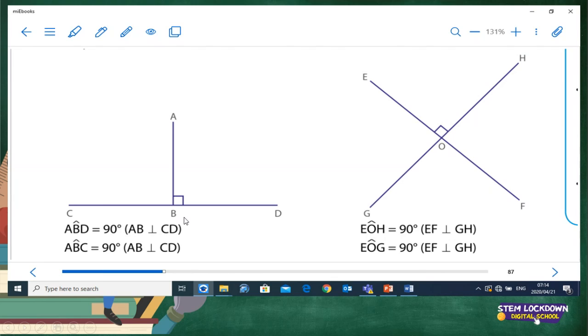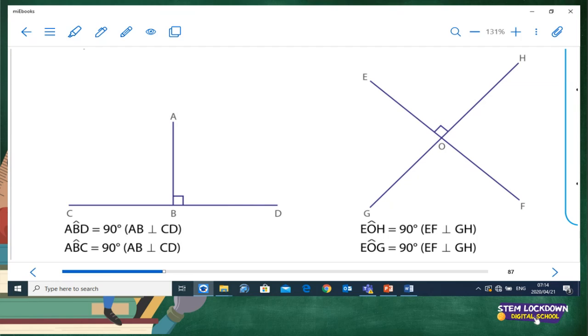In the same note, angle ABC, which is the angle just adjacent to ABD, is also 90 degrees, because AB, as I've said, is perpendicular to CD. That is what we have at this point. ABC is equal to 90 degrees because AB is perpendicular to CD.